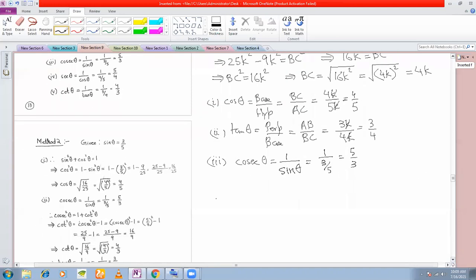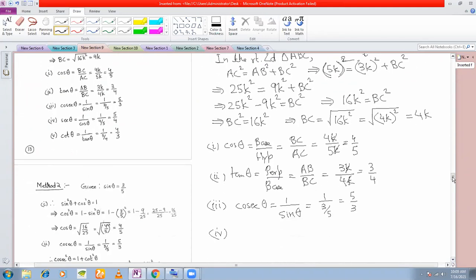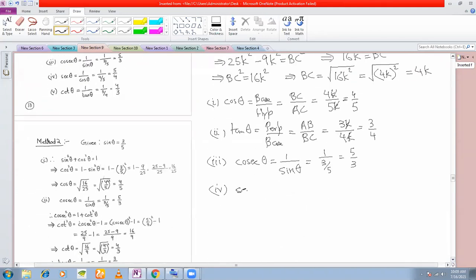So cosec theta we have found. Next, we have to find sec theta. Sec theta is what? Reciprocal of cos. Cos theta above we have found out to be 4 by 5. So sec theta is 5 by 4.